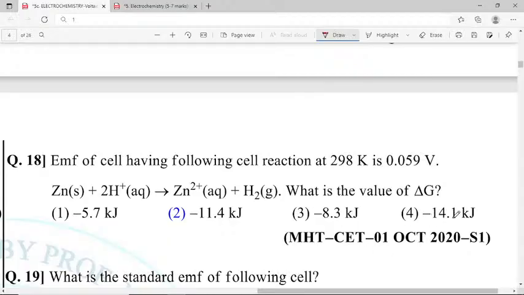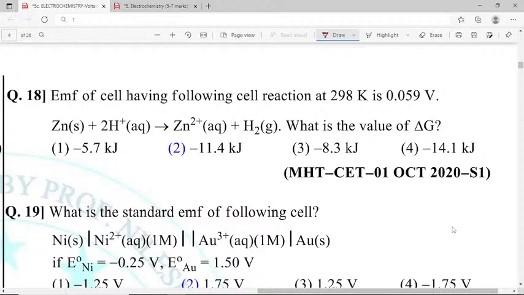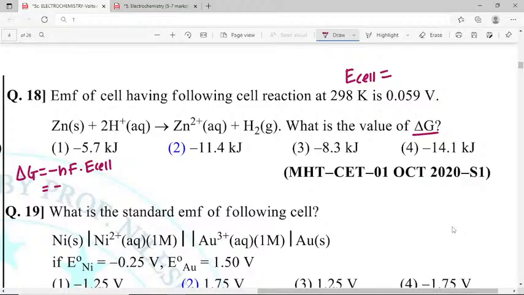The EMF of a cell having the following cell reaction at 298 Kelvin. So the EMF of the cell is E cell. What is the value of del G? Again the same question for del G. Del G is equal to minus nF E cell. So minus n, the number of electrons transferred, 2, multiplied by 96500 multiplied by E cell.